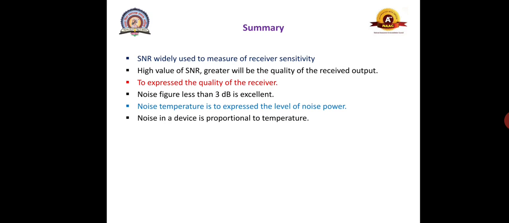To express the quality of the receiver, this S by N ratio is used. A noise figure less than 3 dB is excellent. The noise temperature is used to express the level of the noise power. Noise in a device is proportional to the temperature.